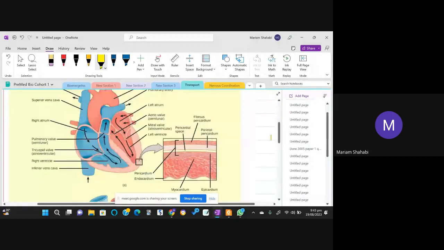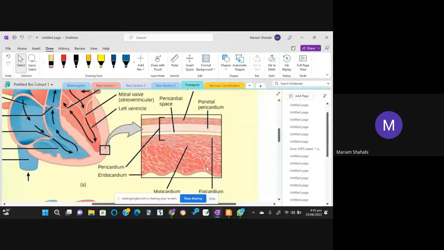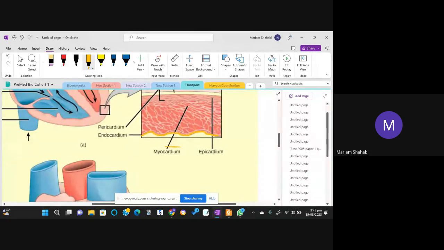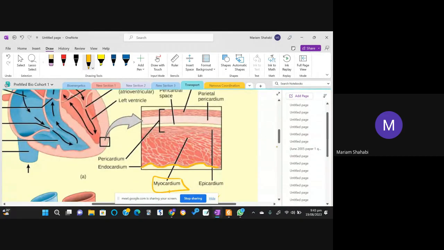They've taken a cross section. You can see, the inner lining is the endocardium. This is the endocardium. And then you have the myocardium. Myo means muscle. So you can guess कि ये वो है, the contractile muscular part of the heart. Here you have something called the epicardium.